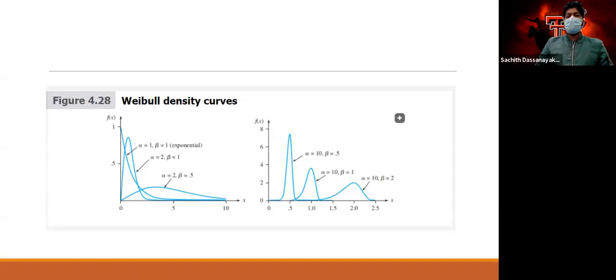Okay, so the Weibull density curve is something like this. If you check huge values like 10, 5, you will see it is like this.